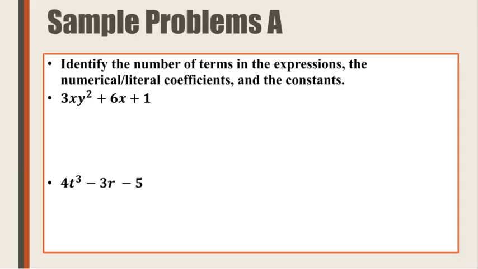So let's take a look at some examples. Here we want to identify the number of terms in the expression, and then what are the numerical coefficients, what are the literal coefficients, and then what are the constants. So the number of terms. So we have one group, two groups, three groups, and you see I have two plus signs here, and it's always one more, so I have three terms.